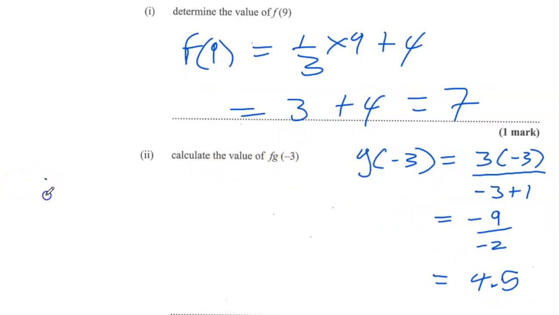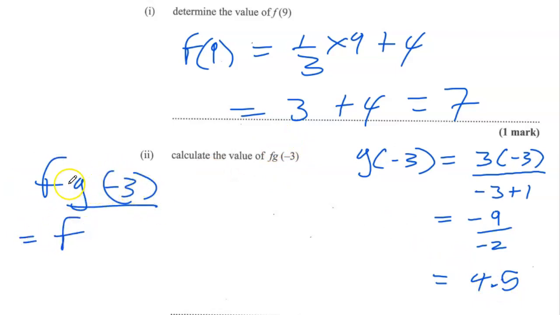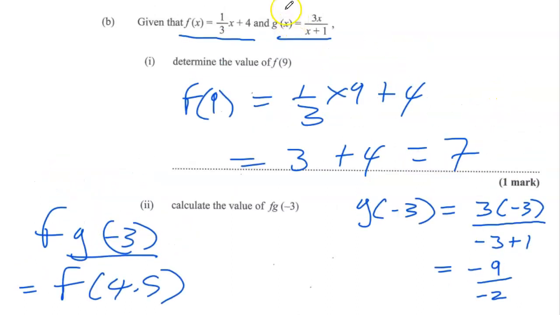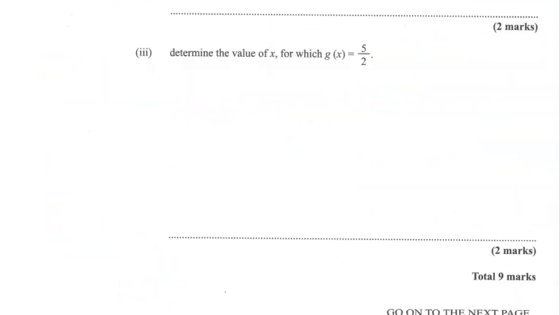So fg of minus 3 is equivalent to finding f of g of minus 3, which we just found to be 4.5. So by substitution, fg of minus 3 is the same as f of 4.5. Now f of 4.5, remember what f of x was? f of x was 1/3 x plus 4. So it's 1/3 of 4.5 plus 4.